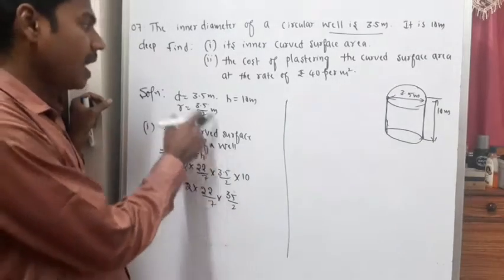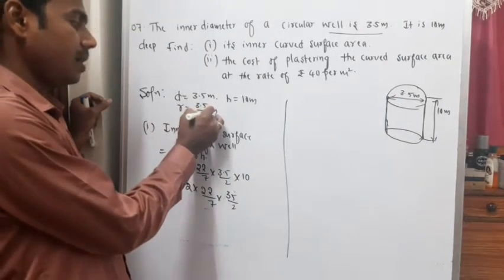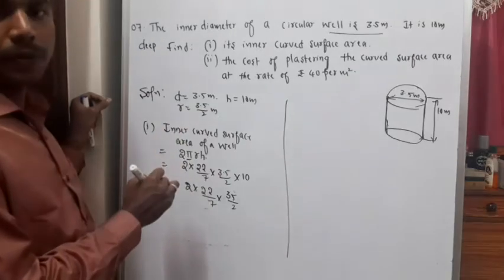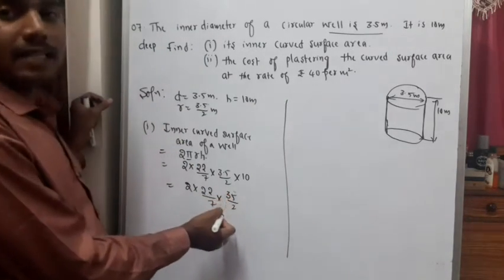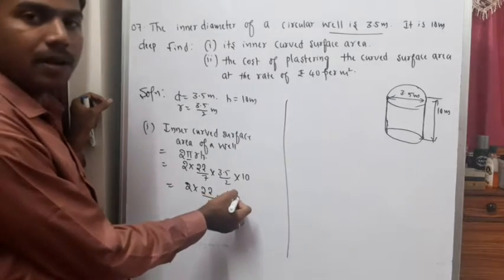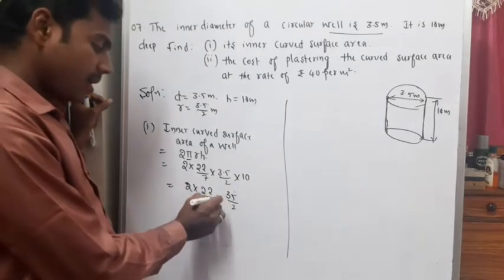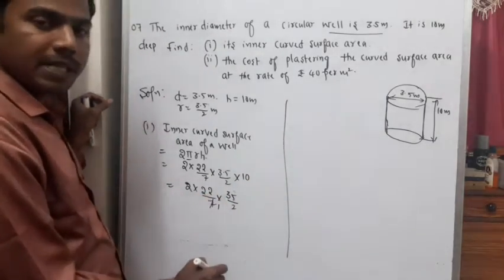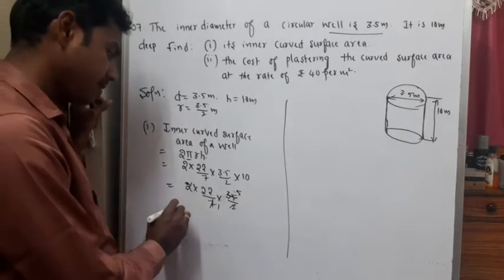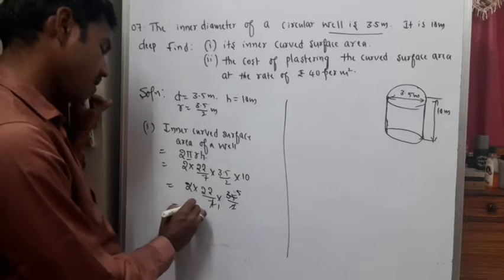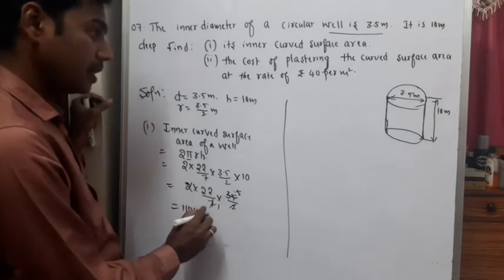So that is the reason I didn't divide 3.5 by 2. I retained it as it is because it is a multiple of 7, so my simplification will become easier. The 7s and the 2s will get cancelled. So this is 110 meter square.